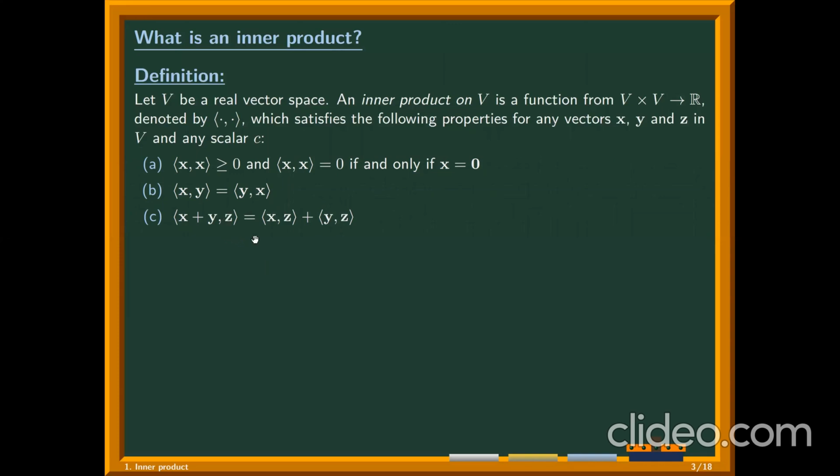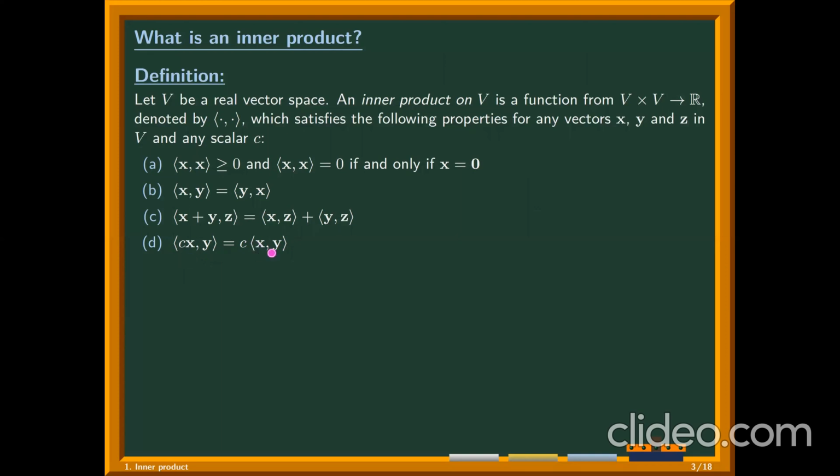And it should satisfy this distributive type of property. The inner product of x plus y with z should be equal to the inner product of x with z plus the inner product of y with z. And finally, you should have this property for scalar multiples. So the inner product of the scalar multiple of x by c with vector y should be equal to the product of scalar c with the inner product of x and y.